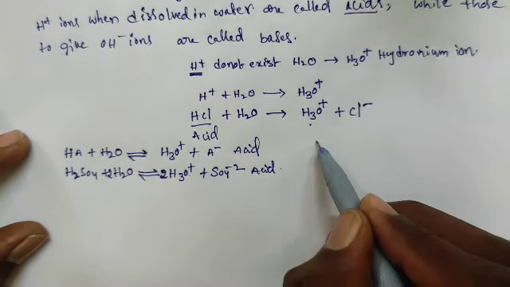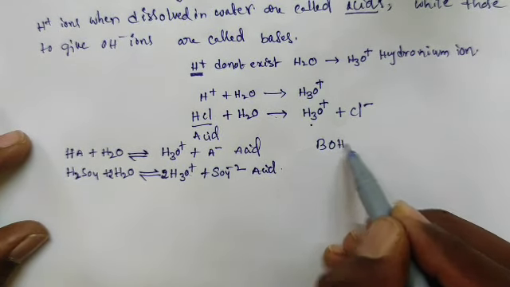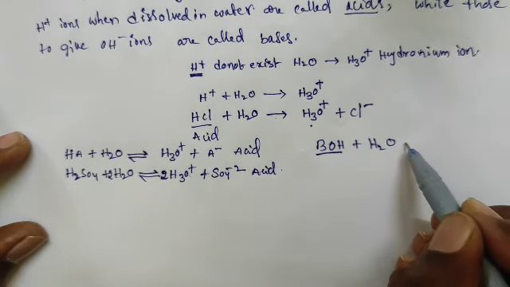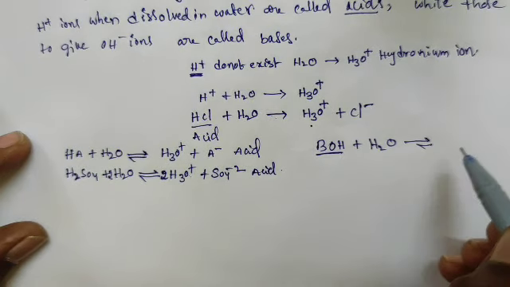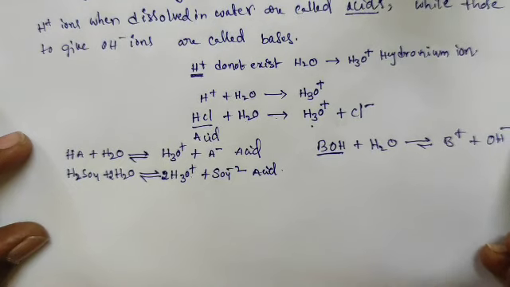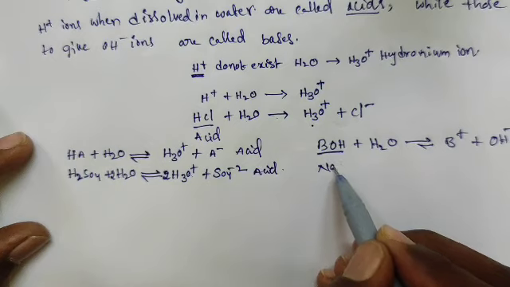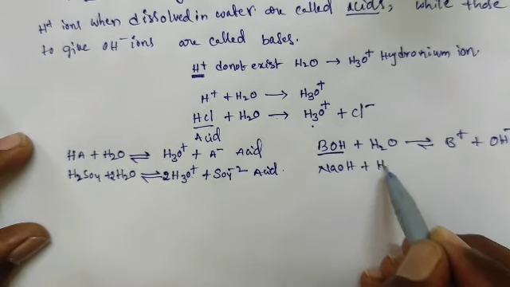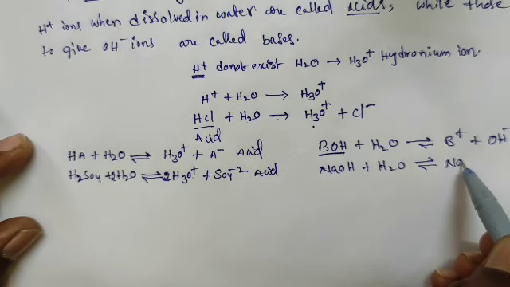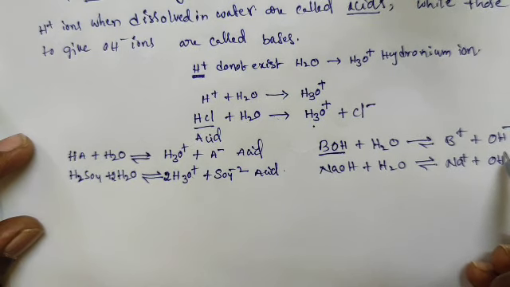Next, like the same, base. General equation: BOH plus water gives rise to B plus plus OH minus. This is base. Example, NaOH plus H2O gives rise to Na plus plus OH minus.